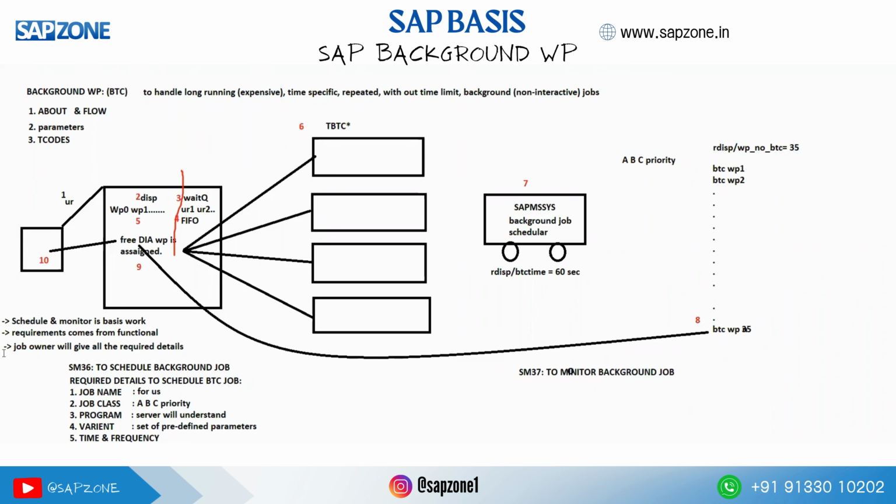Now the next note point: variant creation is ABAP work, but we don't have any headache. We will get the job details from the job owner, we will just schedule it and monitor it. But you need to know who will create the variant and who will provide the details. Variant creation is ABAP work.